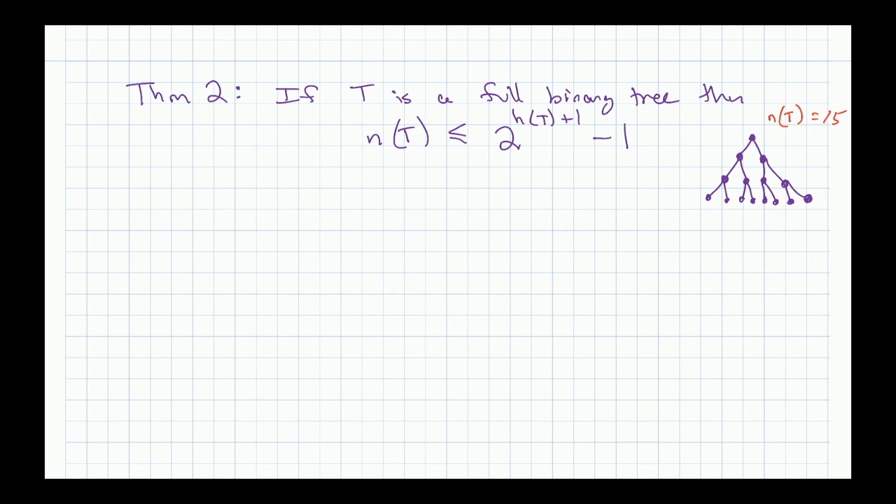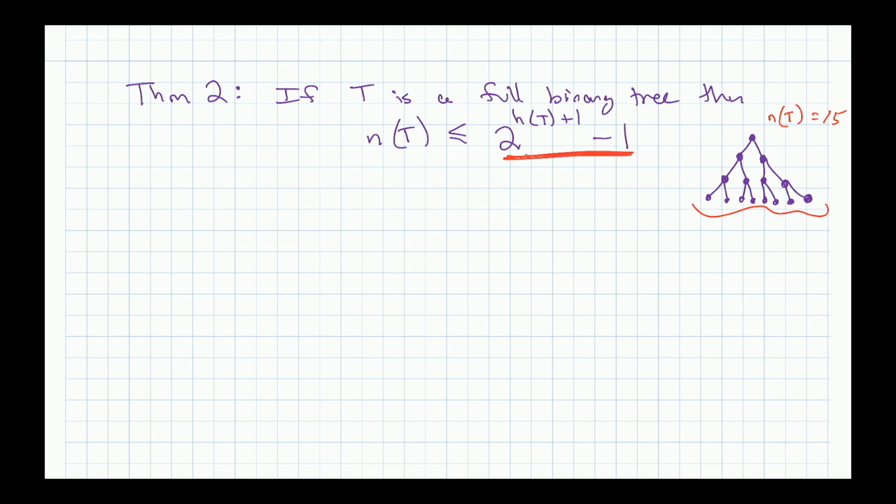And so if you just start removing some of the vertices, if you start removing some parts of it, then it will be smaller, obviously. So I think the idea is that the one like this that has as many vertices as possible is actually going to match this formula.